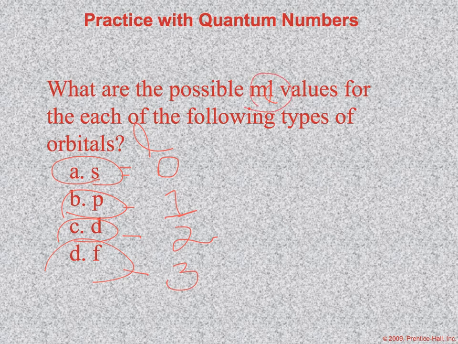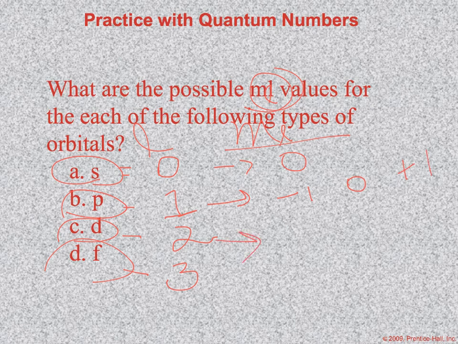So this question is saying, what are the possible m sub L values? Well, if L equals 0, m sub L is also 0. If L is 1, the possible m sub L values are -1, 0, and +1.